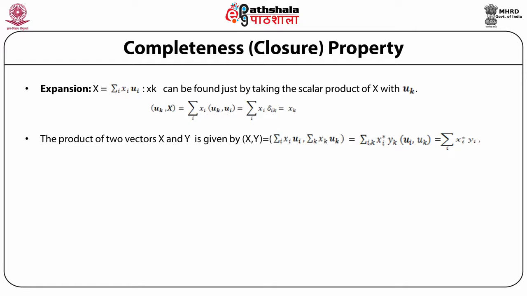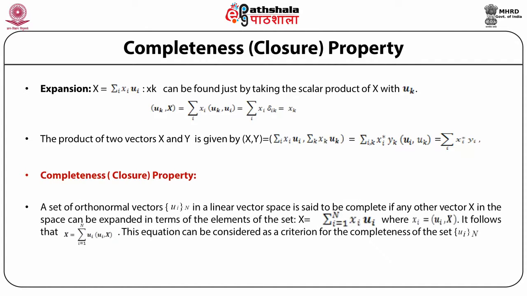Then we come on to the completeness or the closure property. A set of orthonormal vectors ui in a linear vector space is said to be complete if any other vector capital X in the space can be expanded in terms of the elements of the set.